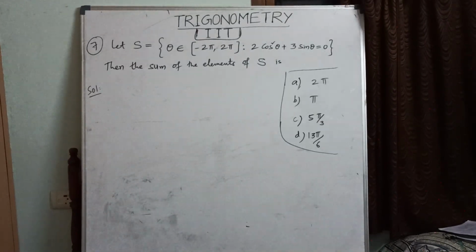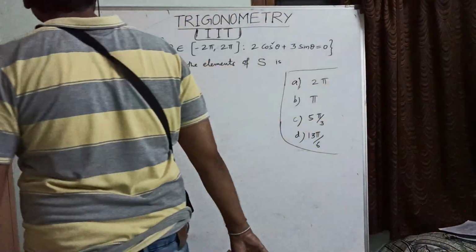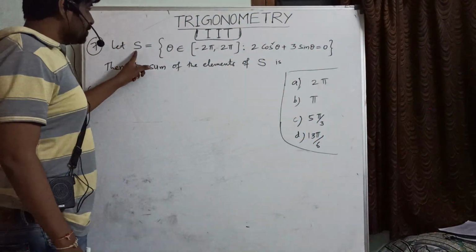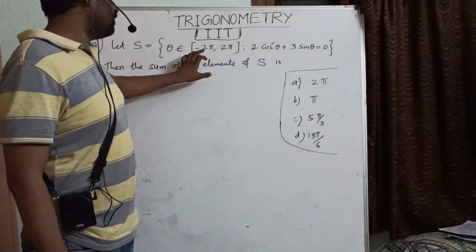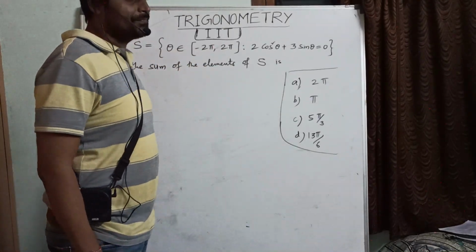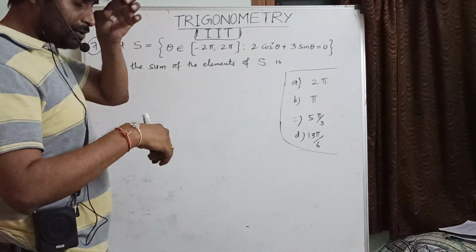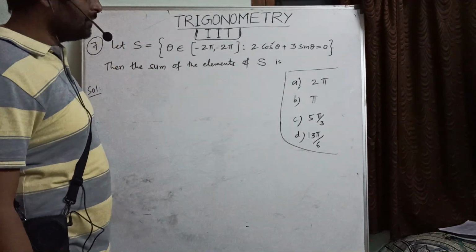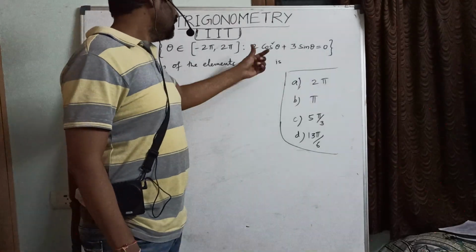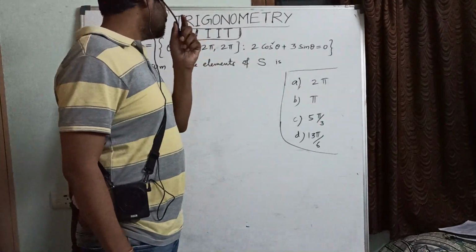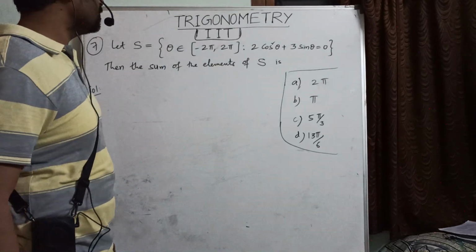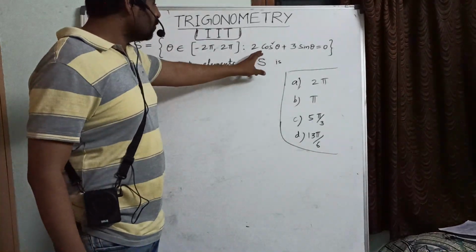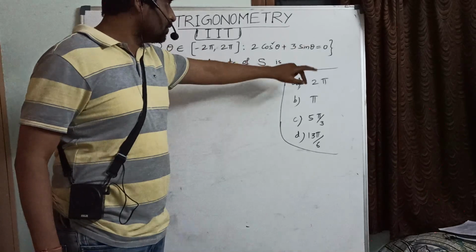Now see here, this question number 7. Let S equal to theta belongs to minus 2 pi to plus 2 pi. Okay, so minus 2 pi to plus 2 pi is given. So we can take negative angles also for theta, such that 2 cos square theta plus 3 sin theta equal to 0.